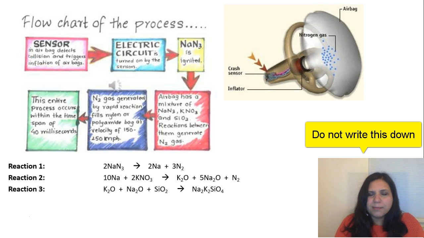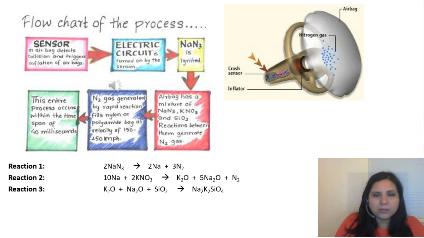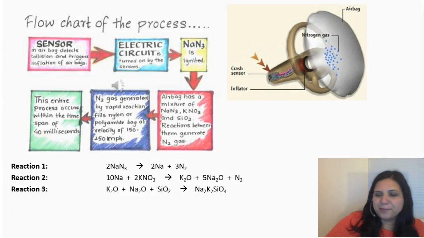It takes a certain amount of that sodium azide to break up into the nitrogen that we need. We don't want to overinflate the bag, and we don't want to underinflate the bag, so you have to have the right stoichiometric amount. There's a couple of other things going on within that airbag that we're not going to talk about, but just know that stoichiometry is an important part of everyday life.